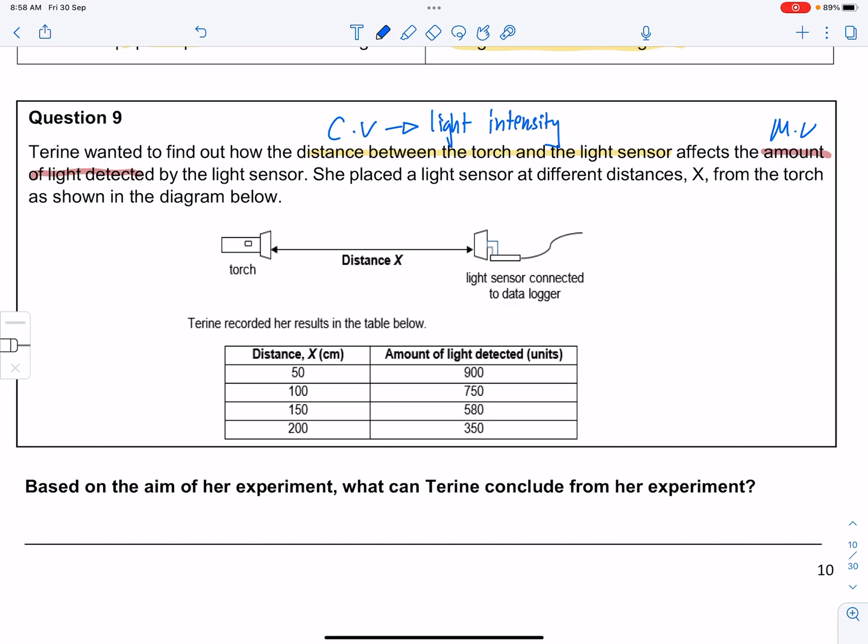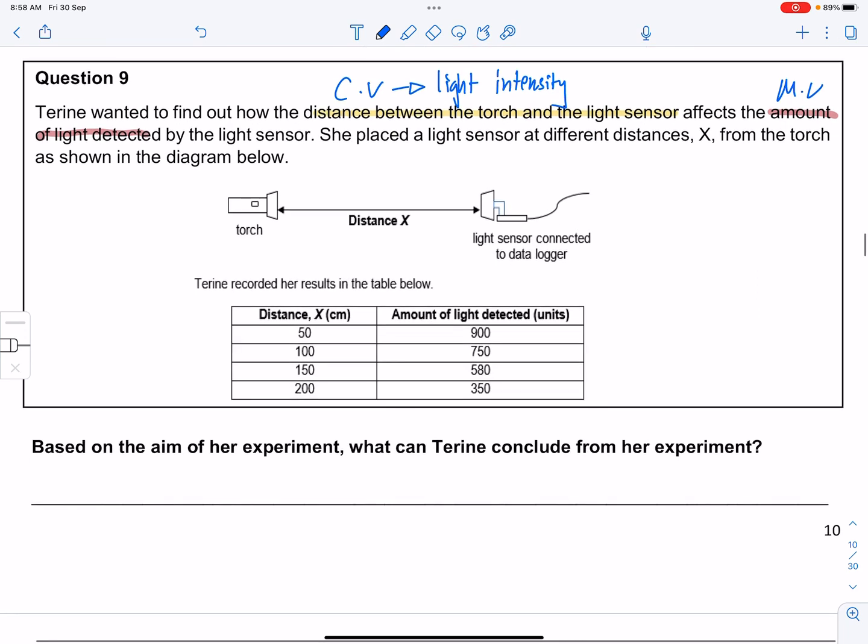Okay? So based on the aim of the experiment, what can Terrin conclude from her experiment? Because in this case, there is no other representation for your measured variable. It's really literally the amount of light detected, right? But what is being changed here? Your distance.